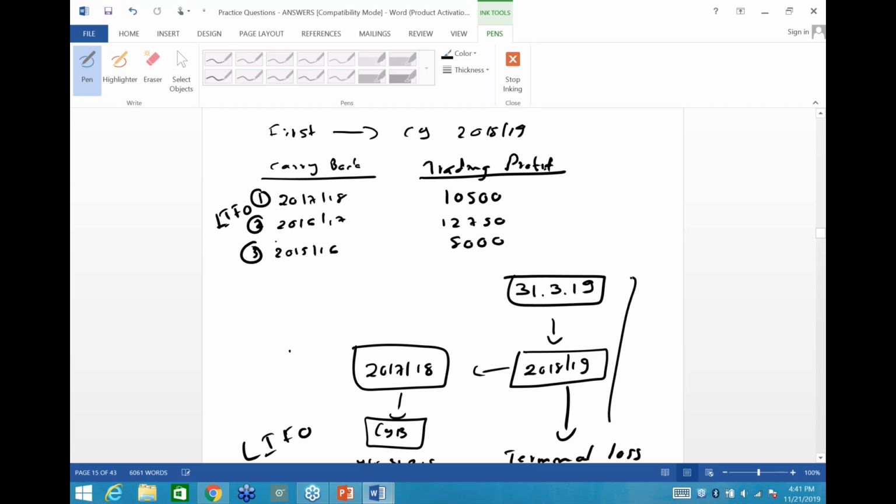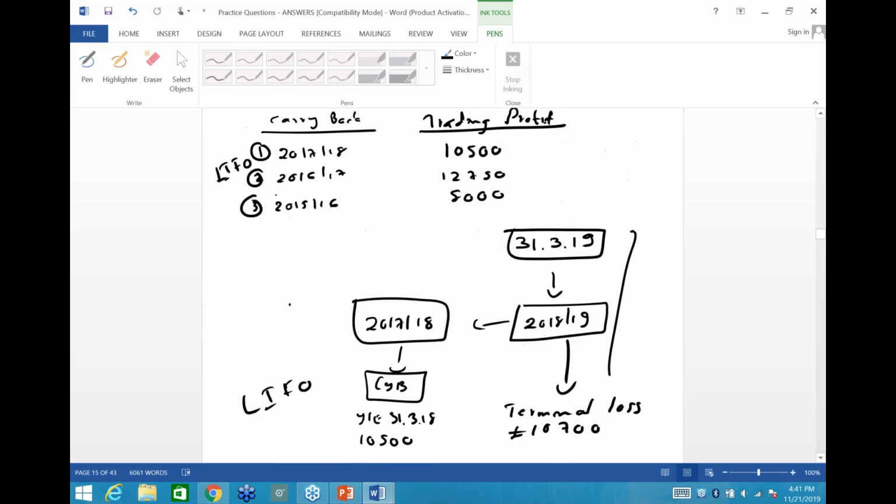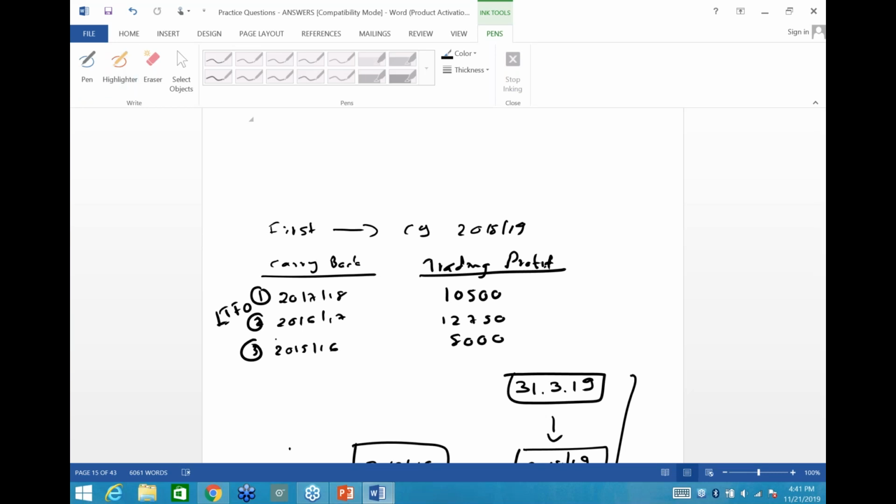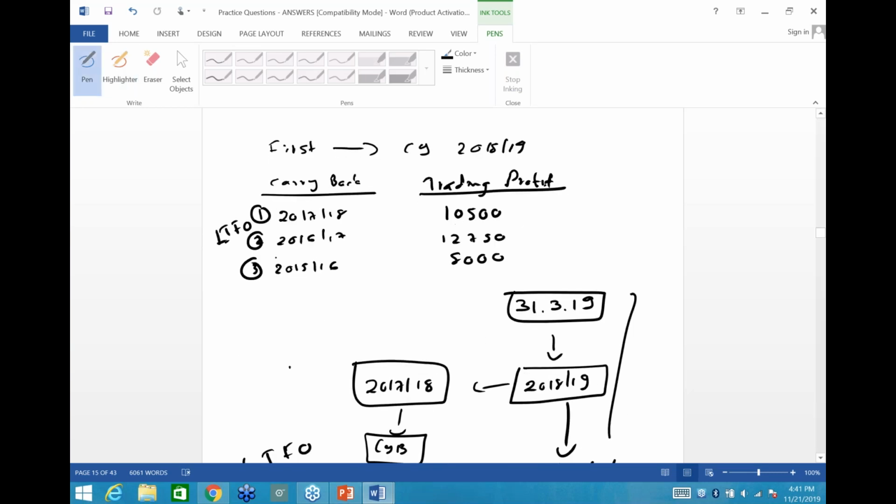So how much is your terminal loss? Your terminal loss is 10,700. From that 10,700 terminal loss, you carry back and set off 10,500 against 17-18, and another 200 against 16-17 according to last in, first out basis.